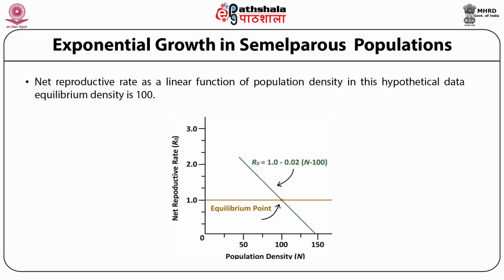The net reproductive rate as a linear function of population density: in this hypothetical data, the equilibrium density is obtained at 100 when the value of R0 is 1. That is, dN/dt is equal to 0.